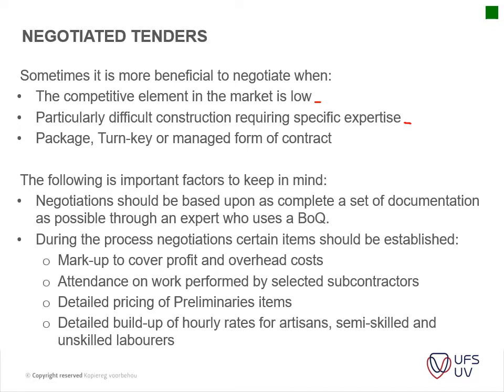Some types of contracts that you get are package contracts, or turnkey, or managed contracts. This is usually where it's very specialized, and you have contracts where the contractor has to do the design and the installation. For instance, a project that we were involved in is the funicular, like the cable car or the little tram that would go up a naval hill.